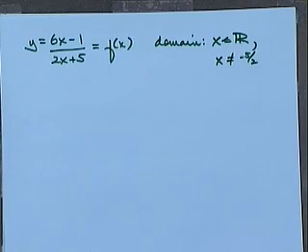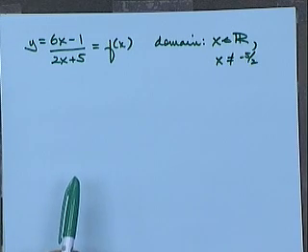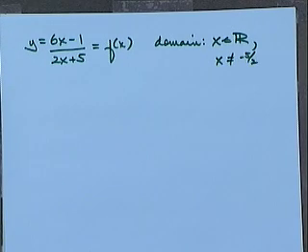If you were to graph this, what would you expect there to be at or near this x value? Asymptote. Okay. Not only is this undefined at negative 5 halves, it goes crazy near negative 5 halves. So we should expect a vertical asymptote.